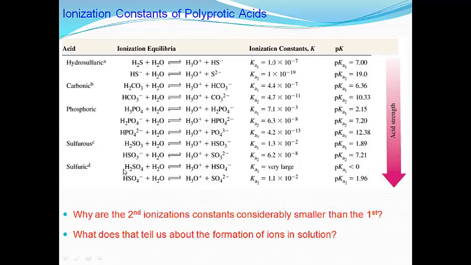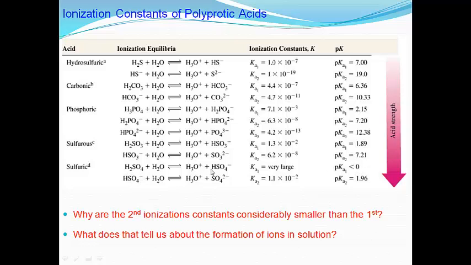Let's jump down to sulfuric acid, which we're familiar with. We have H2SO4 plus H2O to give us H3O+ and our conjugate base HSO4-. The Ka, which is Ka1, the first ionization constant, is extremely large. In many cases it's on the order of 10 to the 3, and the pKa is much less than 0.